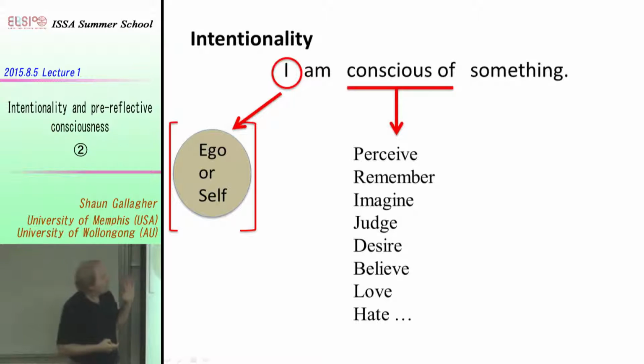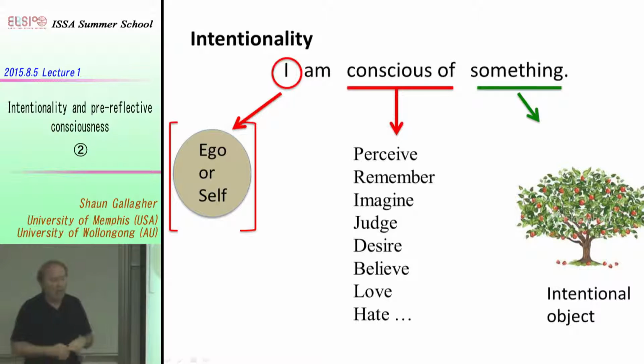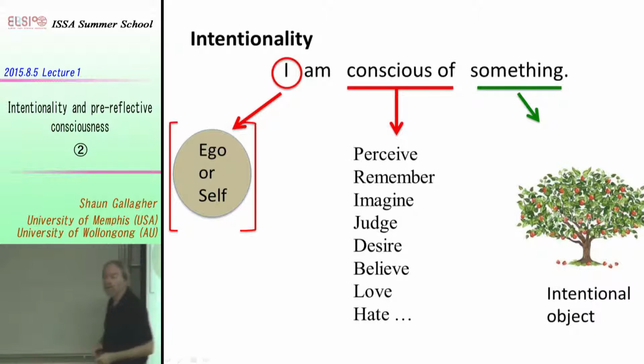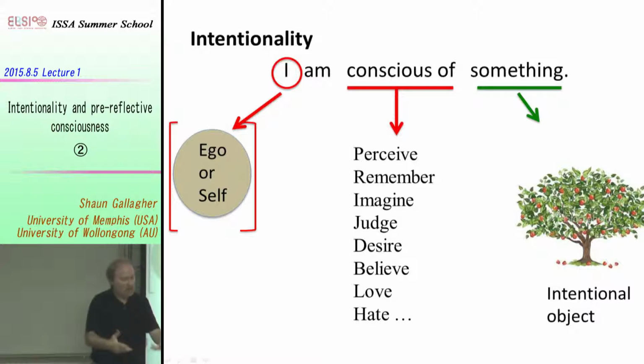That's something about consciousness, that it has those kinds of things going on. And then there is the something that you are conscious of, and that always seems to be involved in consciousness. This is usually called the intentional object, right? So we're talking about intentionality, the consciousness of something, and the something, which might be an apple tree out there in the world, is the intentional object that we are conscious of.